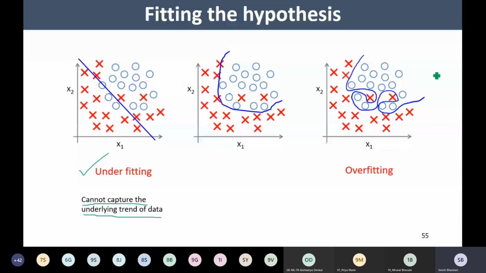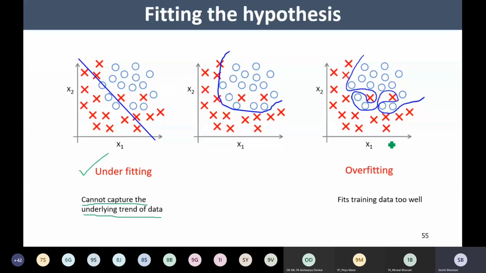In fact, whenever we present a new unknown sample to such a model, it may happen that the unknown data sample is incorrectly classified. So this concept is known as overfitting. In overfitting, our training data fits very well, right? But there may be a problem with the generalization of my hypothesis.